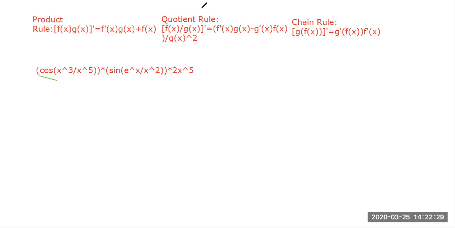This is not a good drawing tool. Anyways, this and this. This is going to be f of x. This is going to be g of x.